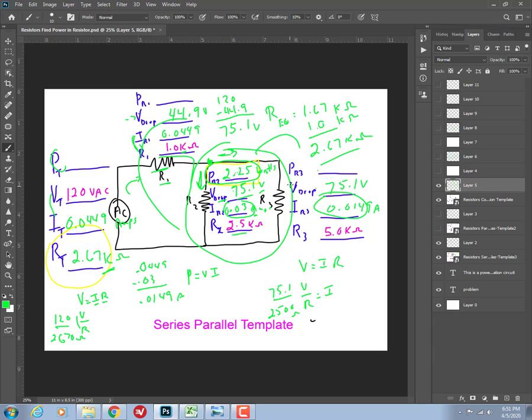So our power is equal to volts times amps. So let's multiply 75.1 times 0.0149, and that's 1.11, I'm going to round it up to 1 watt.